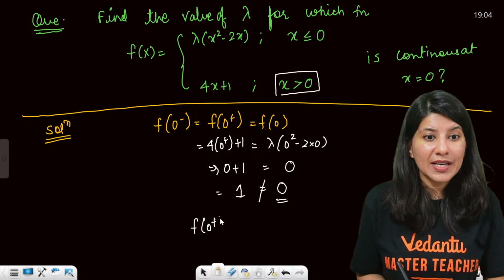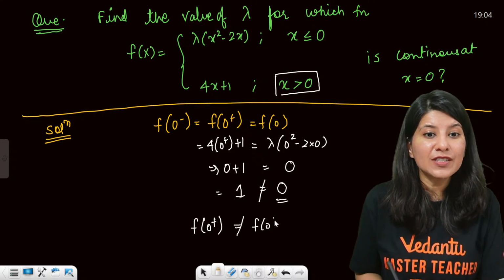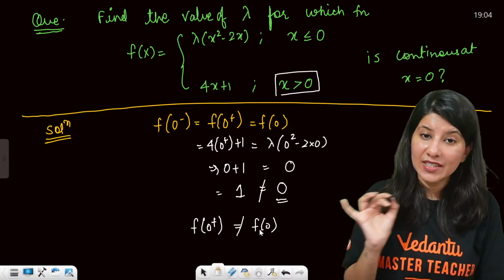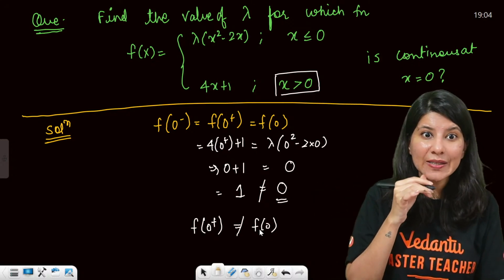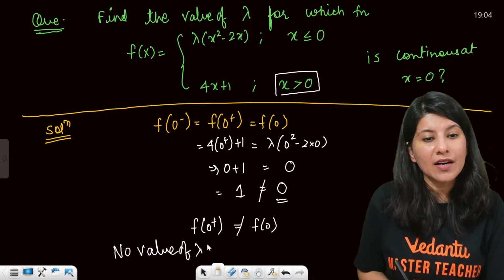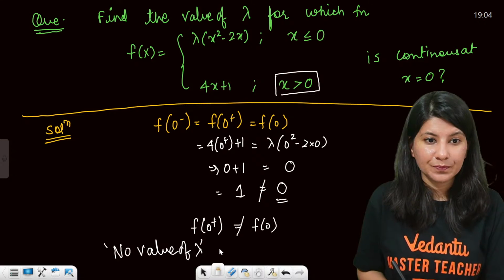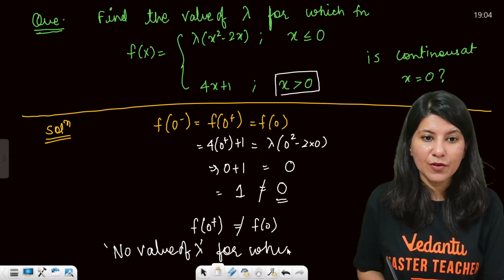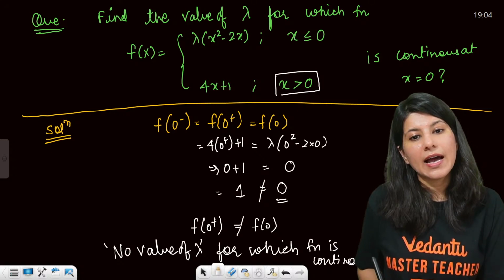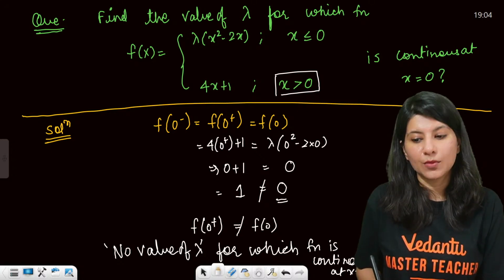That means no value of lambda can save this. No value of lambda will be there for which the function is continuous at x equals 0.